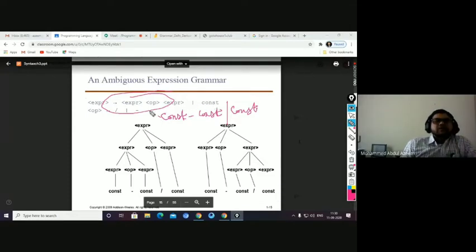So you take expression, operation, expression. Then this expression is expanded into expression, operation, expression. Now this expression is further derived into constant, another definition of expression.